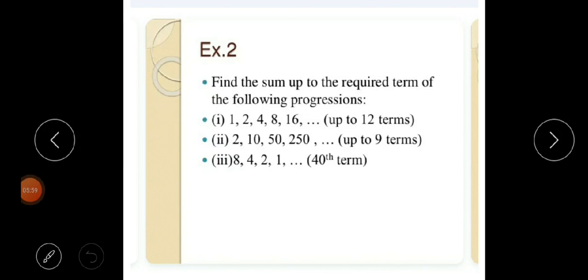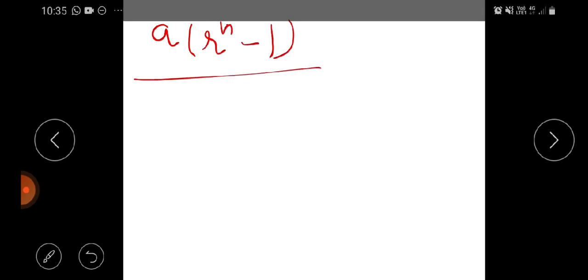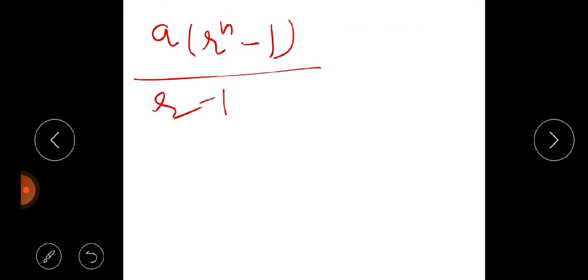Now find the sum up to the required terms of the following progression. The progression is 1, 2, 4, 8, 16 up to 12th term. And what is A here? This is 1 and R is 2. So R is greater than 1. That means A into R raised to power n minus 1 upon R minus 1.